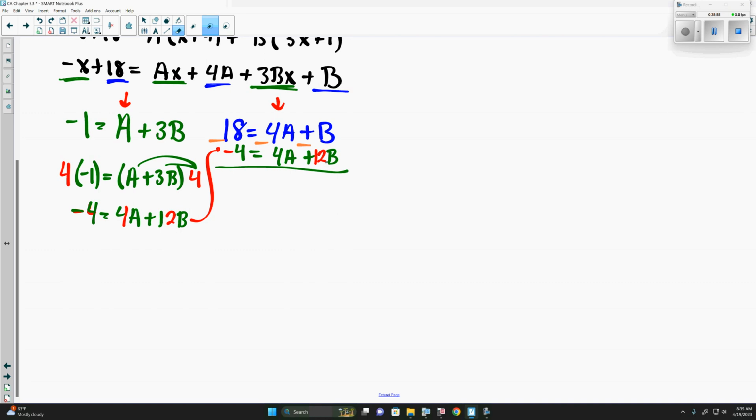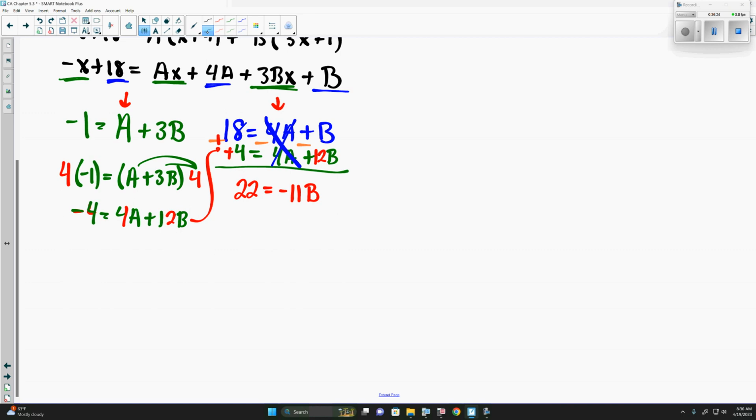Wrote the wrong number. So these will still cancel. Now, 18 minus negative 4. Well, the negative and negative makes a plus. 18 plus 4 is 22. B minus 12b is negative 11b.